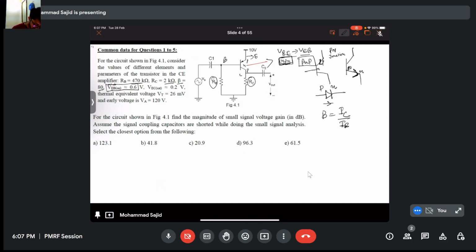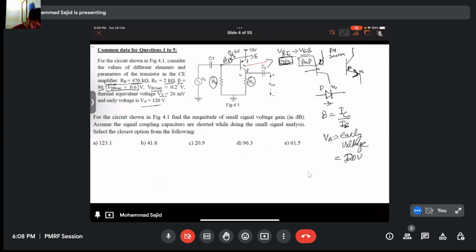This has been given to us as plus minus 0.6 volt. This is for the saturation condition, and thermal voltage and early voltage. Early voltage, you know now what it is, right? Early voltage is given to us as 120.